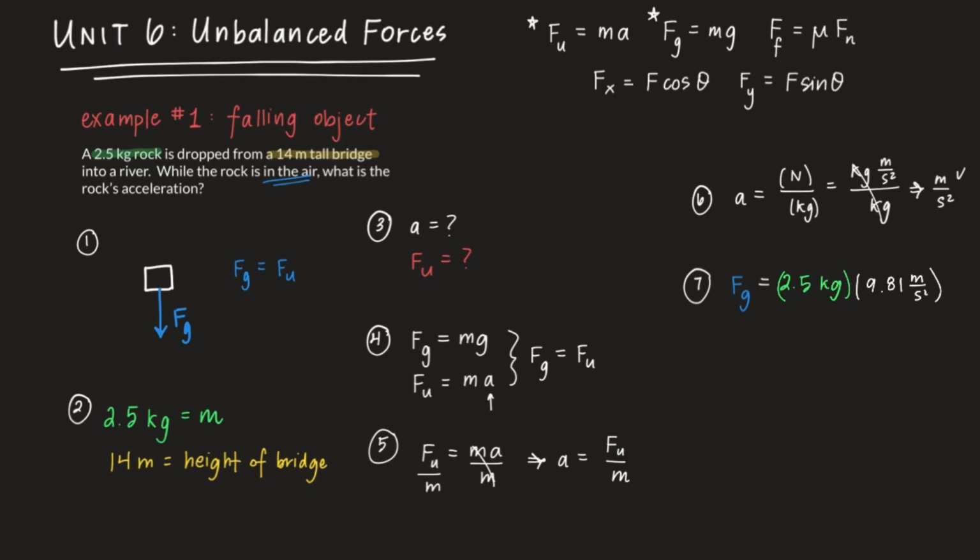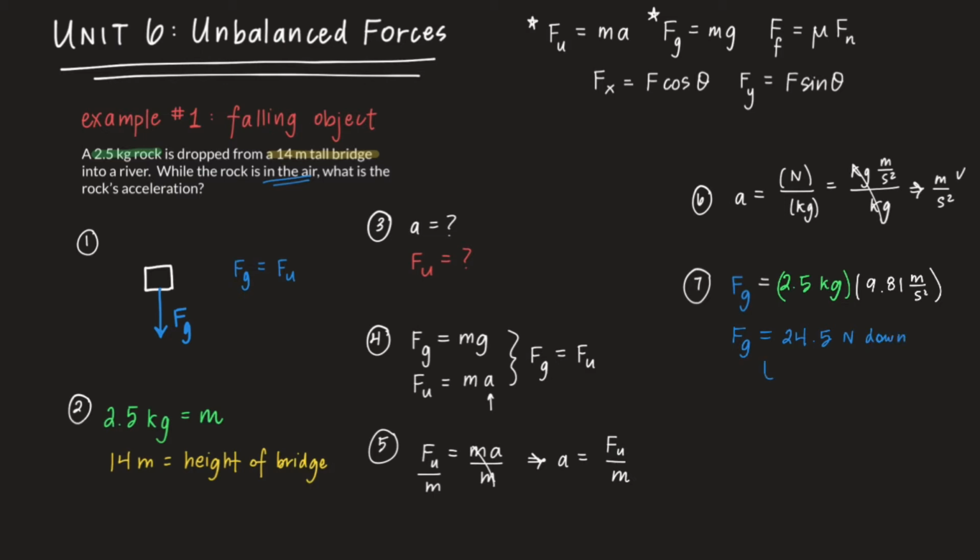If I take my calculator, 2.5 kilograms times 9.81 meters per second squared, I find that Fg is equal to 24.5 newtons, and that is down.